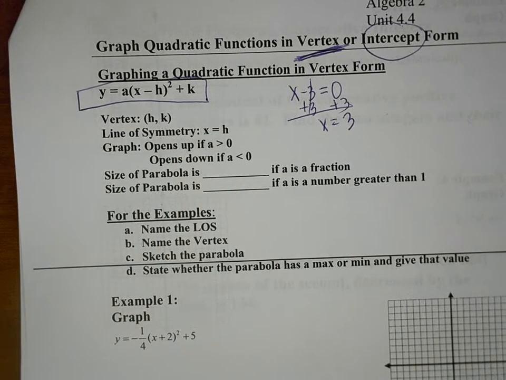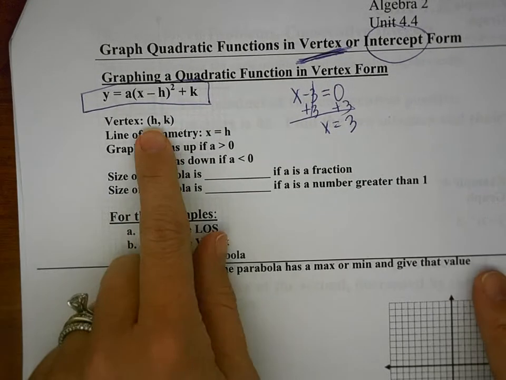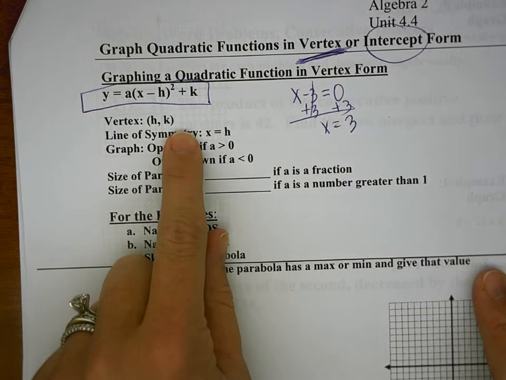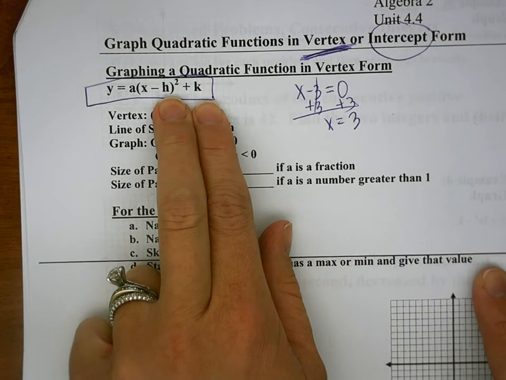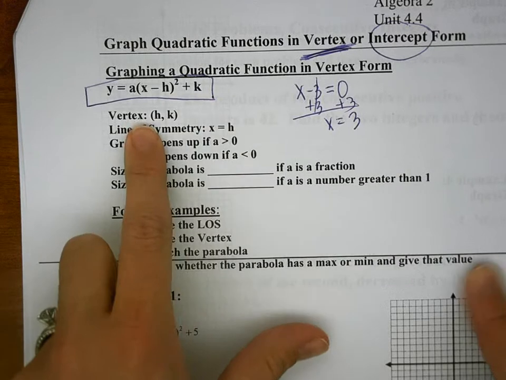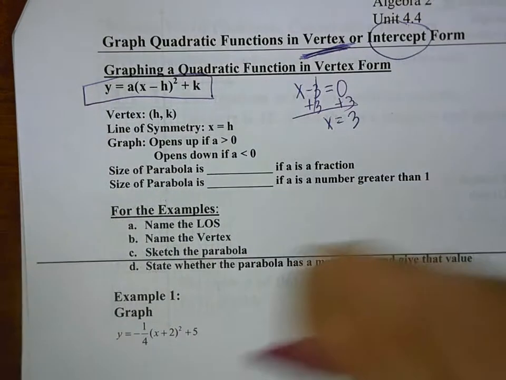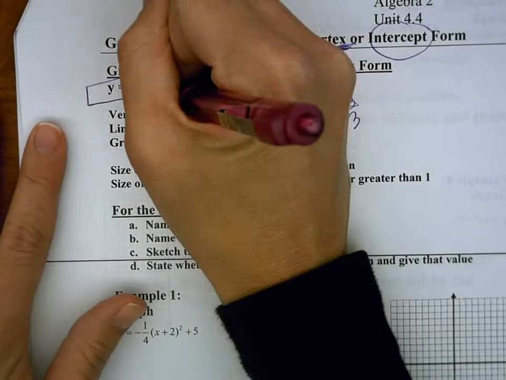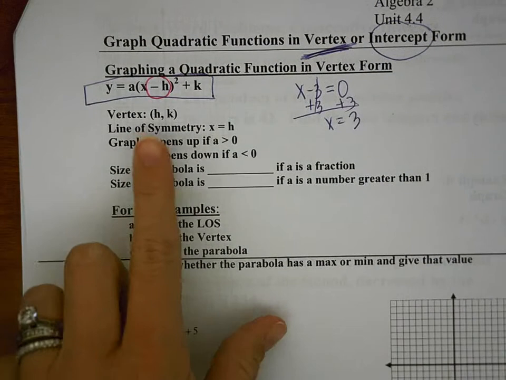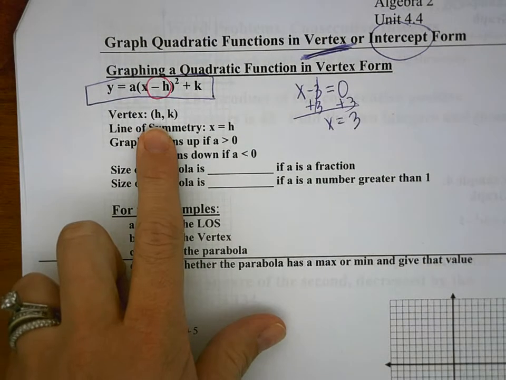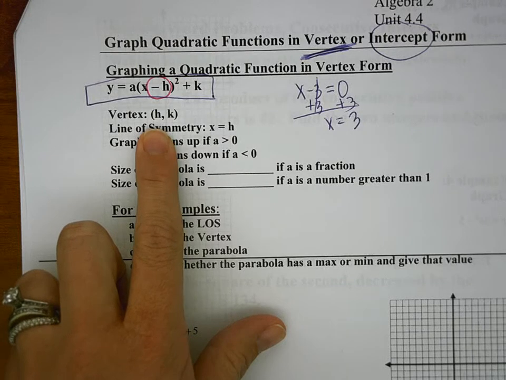When you're writing your vertex, notice here it says h, comma, k. Notice in the equation you also have an h and a k. So if you look here, h is what? Negative. But when you write it into vertex form, it becomes positive.